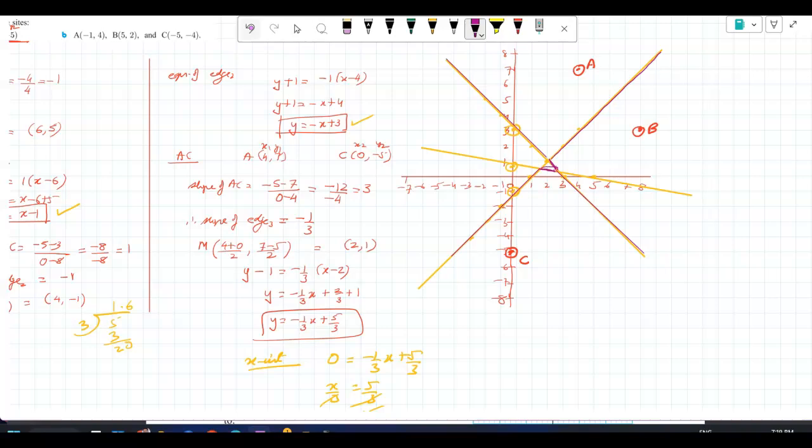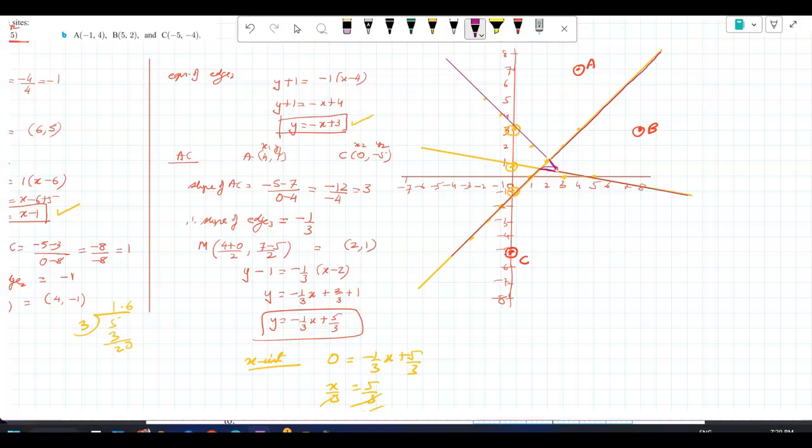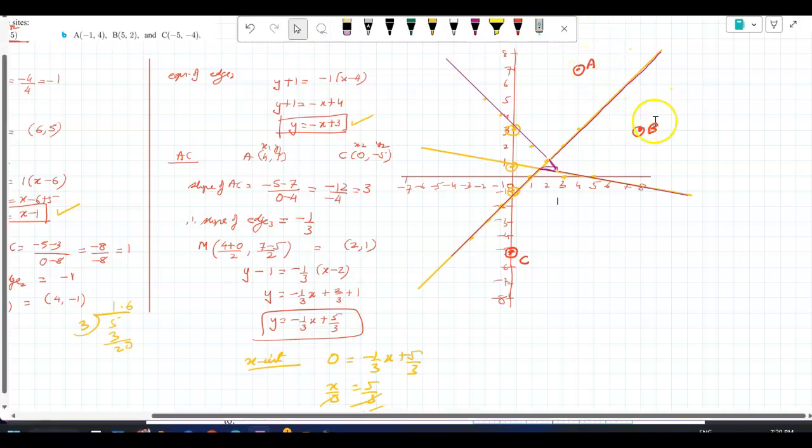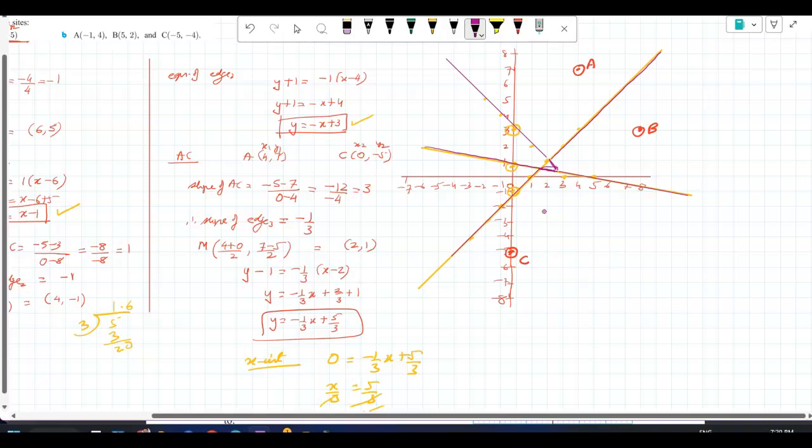BC will be here. No, this won't come in. Sorry. This will come in, and BC will be this. This is the one that divides BC. This is the one that divides AB, and this is the one that divides AC. This one, not this one. Are you following that? So this is line 1, line 2, line 3. That's how you do all of it.